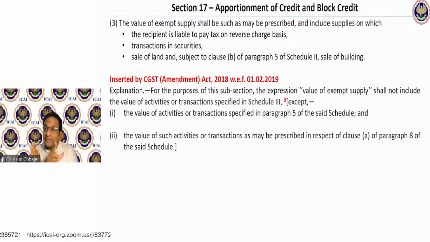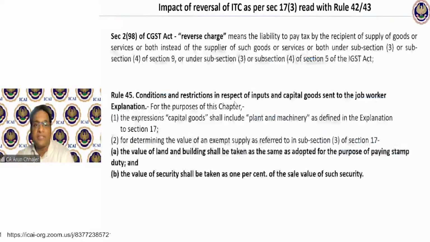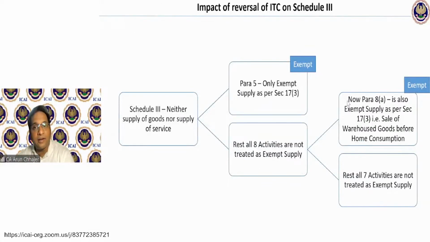Now, they are saying after this amendment, if there is ITC which is linked to this supply, then it will be considered as exempted and you need to reverse the ITC. So if I say which para of schedule 3 will require the reversal, I can say that there are total 8 paras.